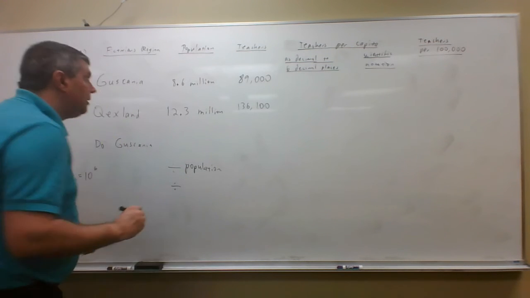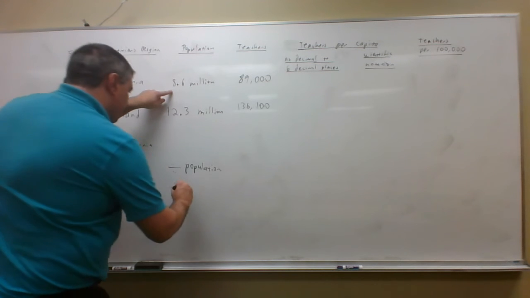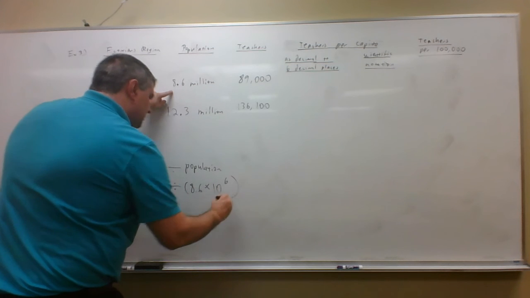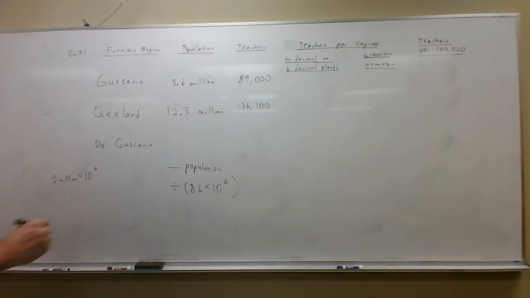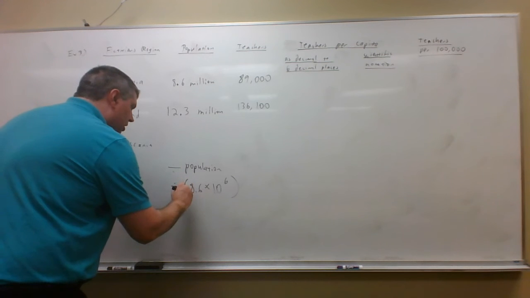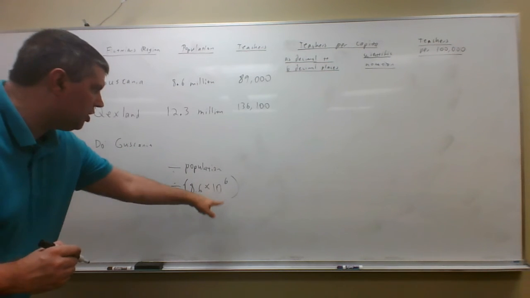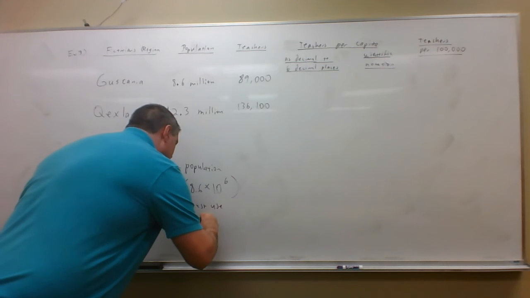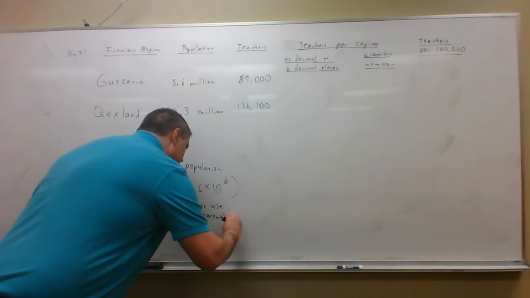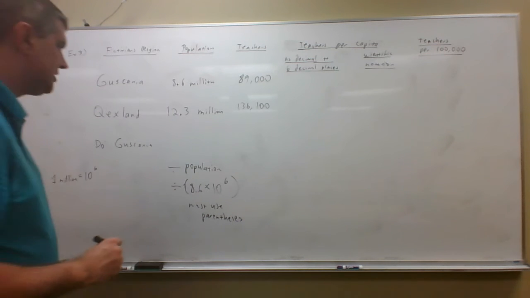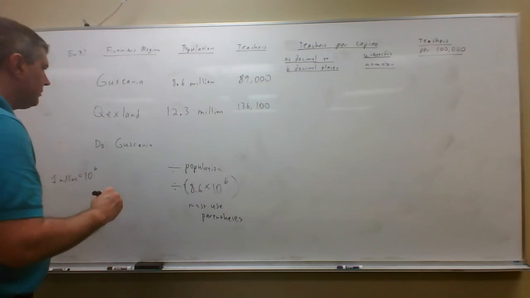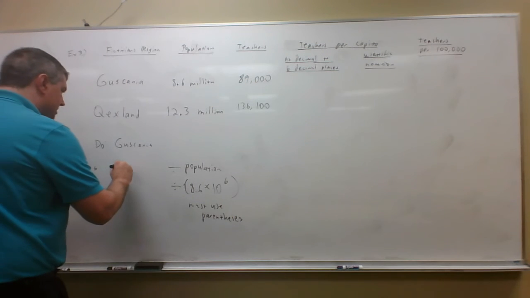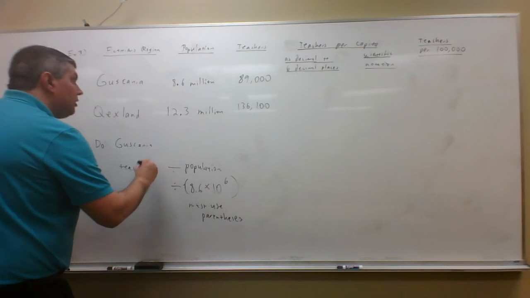The population is 8.6 million. Be sure that when you're setting this up, you must use parentheses on your calculator, or this will be wrong. So we're dividing teachers per capita. Teachers, there are 89,000 of them.